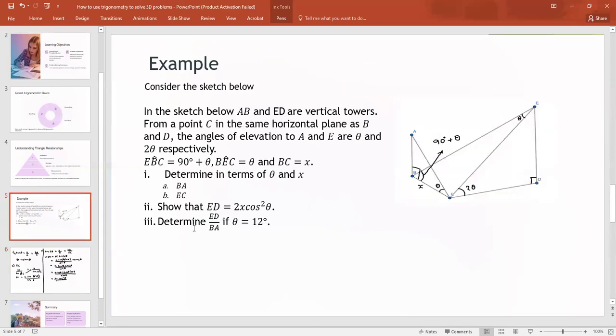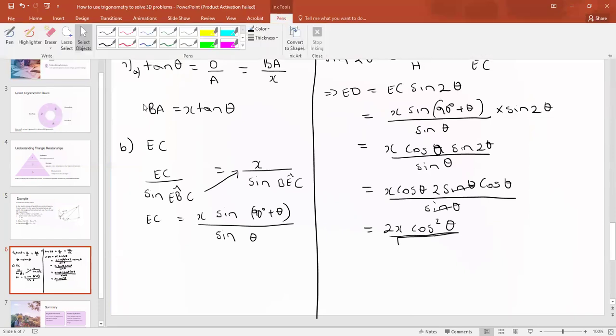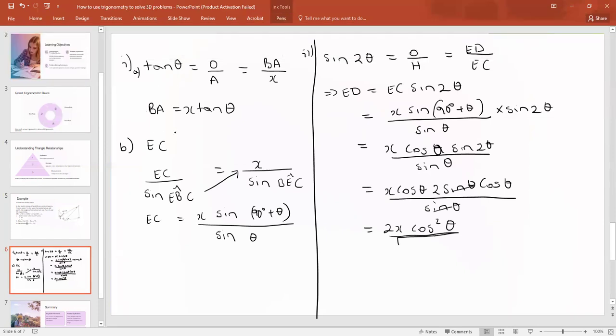We are required to determine the value of ED divided by BA if theta is equal to 12 degrees. From our previous calculations, we did obtain the value of ED and BA. We just need to substitute it into this expression. So we have ED over BA.